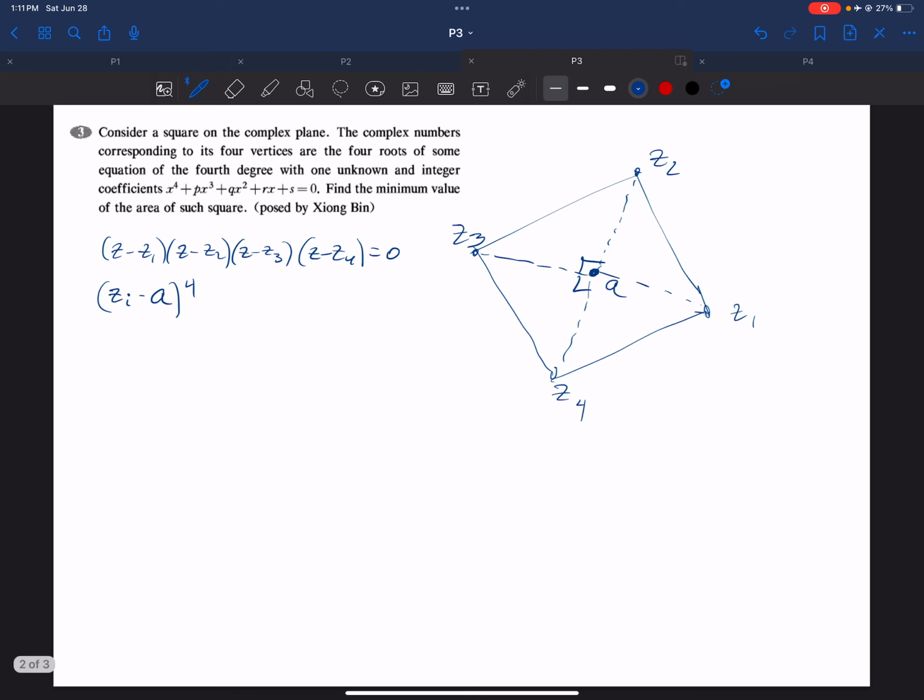is, let me write it in red. The equation is like this: x minus a to the fourth power equals some number rho, some complex number w.